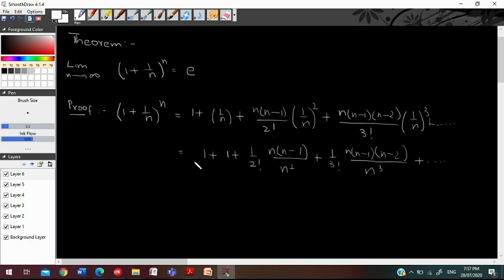So here we have 1 plus 1, that is 2, plus 1 by 2 factorial.